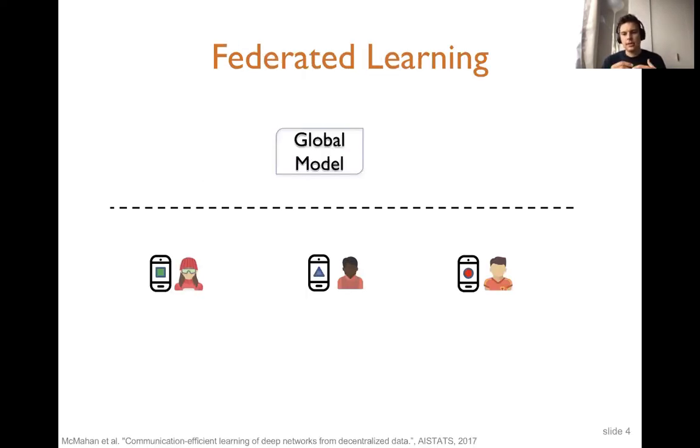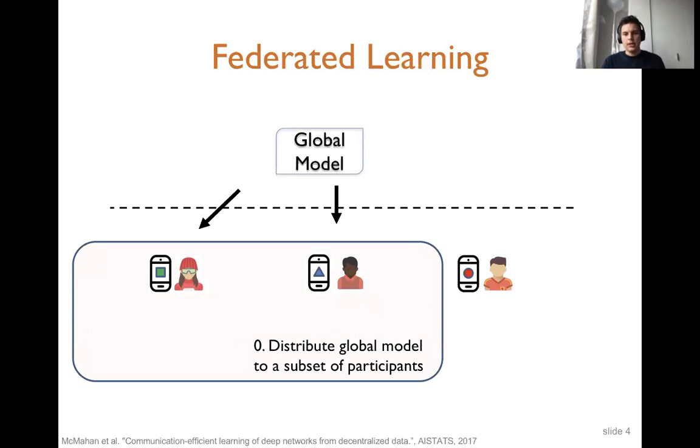A recent concept called federated learning was proposed to keep the data locally on the user phones and only transfer models between the data center and the users. It's a very simple concept introduced around 3 years ago by Google, where an initial model is first distributed to a subset of users.